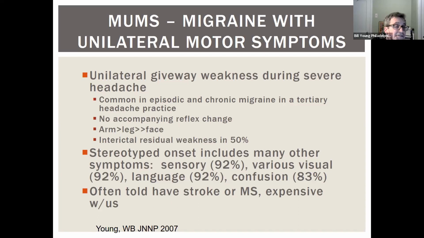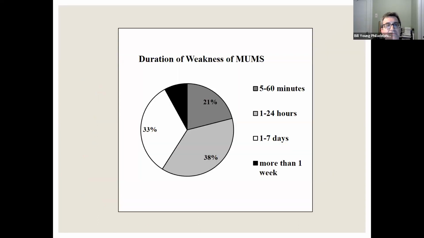It started in the face or neck, transferred down to the body, but they had lots of symptoms: visual symptoms, language symptoms, confusion, many neurologic symptoms. And the weakness in MUMS could last any length of time, from 5 minutes to more than a week.